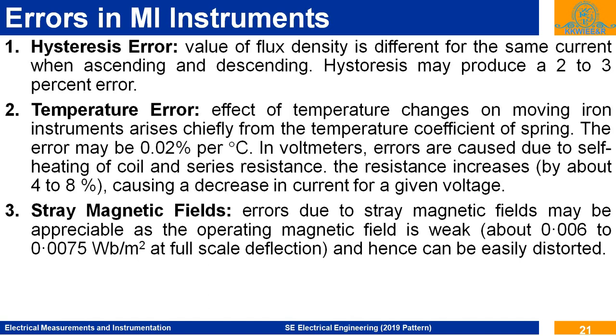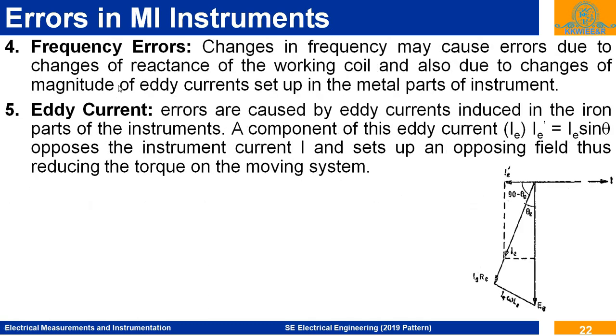Because of this weak magnetic field, if we take this instrument into, say, a substation, the stray magnetic field will affect the measurement of current or voltage by this moving iron type instrument, and we will get distorted readings. There is a distortion in the deflection. So the stray magnetic field will generate errors in the moving iron instrument.